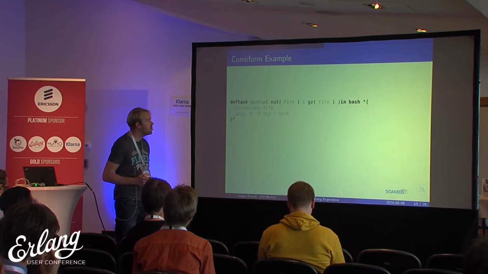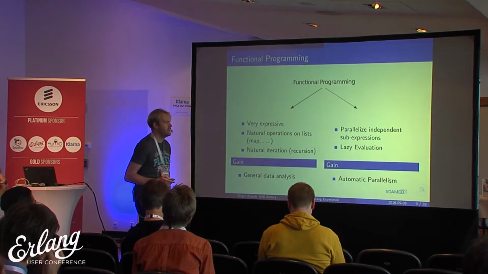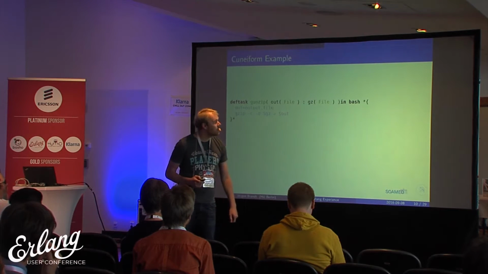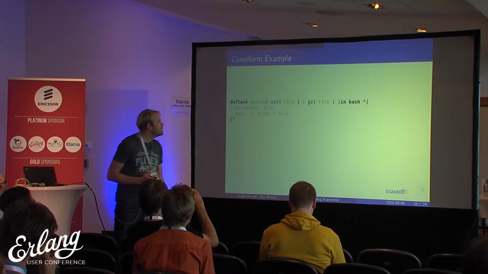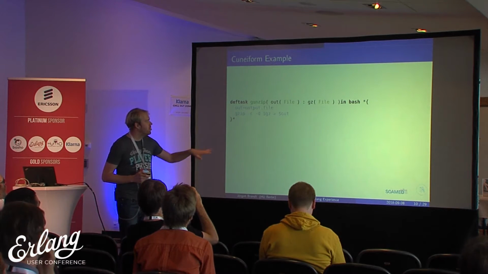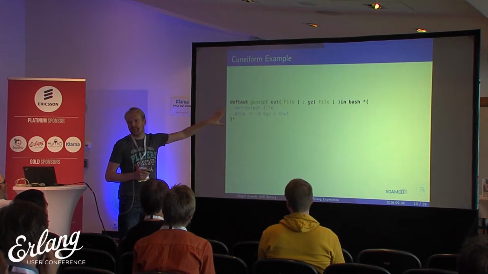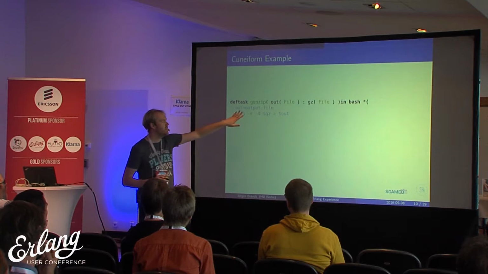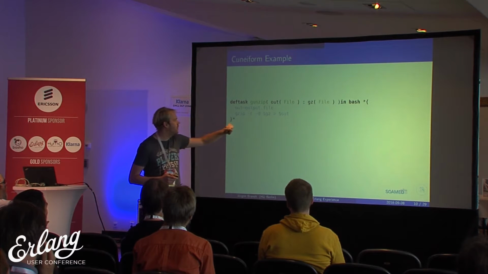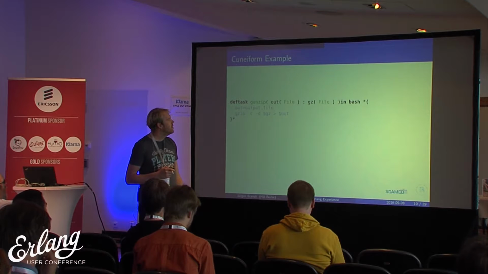And the other part is the foreign language interfacing, which I will be explaining with an example. So this is a very, very simple example. It says def task here, but actually what you're defining is a function. And it has the name gunzip, because we will be extracting a file from a compressed format.